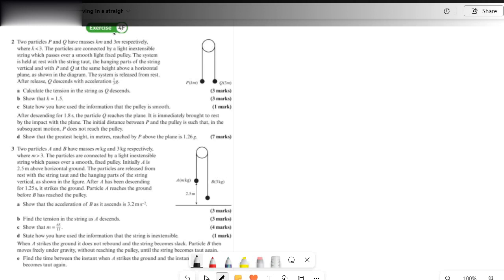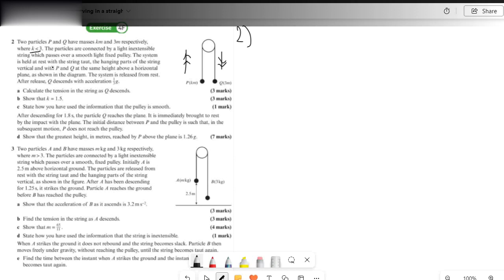For example, here we have exercise 4F, number 2. We have a pulley system given that two particles P and Q have masses km and 3m respectively, where k is less than 3. That means the right side will accelerate downwards in this position, and the left side will accelerate upwards. The particles are connected by a light inextensible string which passes over a smooth light fixed pulley.